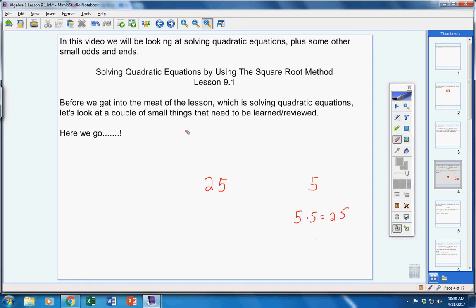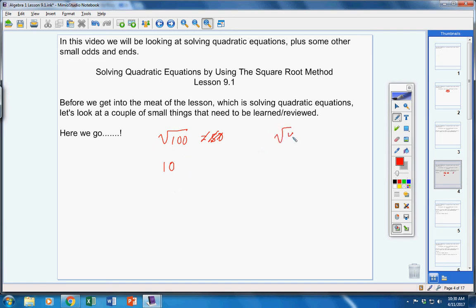So we should know by now, when you're in high school or middle school, depending when you're taking Algebra 1, how to find the square root of a number. For example, the square root of 100. Some students would say it's 50, and that's not correct, because 50 times 50 is not 100. The square root of 100 is 10, because 10 times 10 is 100.